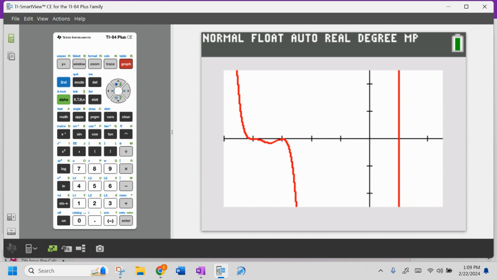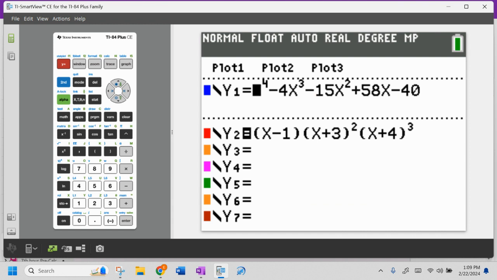So what I see is there are 2 zeros. Now, by looking at the function, I can tell that the zeros are 1, -3, and -4. I want you to notice that the x minus 1 factor is raised to the first power, an odd power. Also notice that the x plus 4 factor is raised to the third power, an odd power.